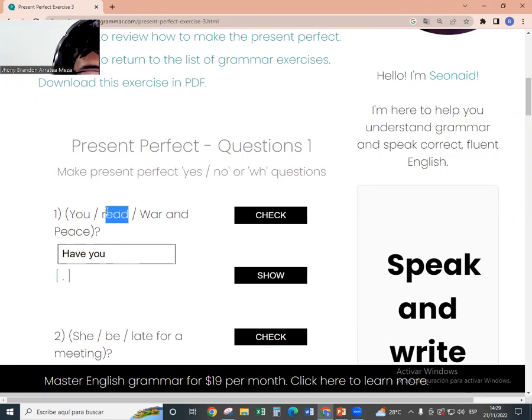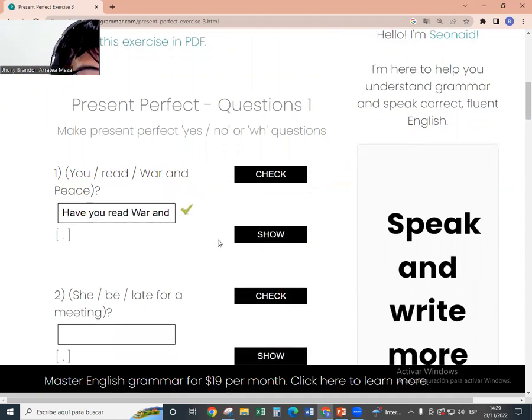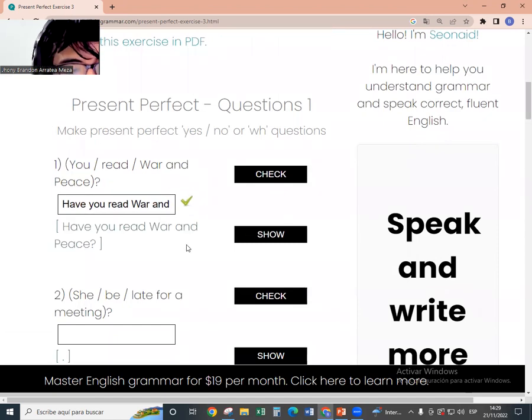Well, we have in this case the verb. And what is the past participle of read? Very good. It is the same. Have you read War and Peace? So let's check. It is very good. Have you read War and Peace? ¿Has leído Paz y Guerra?